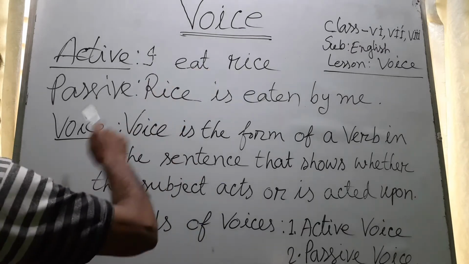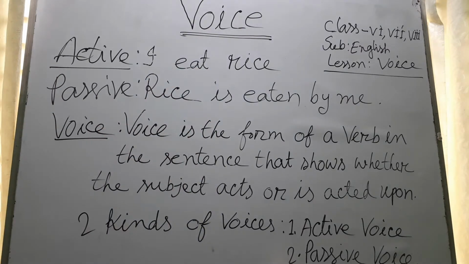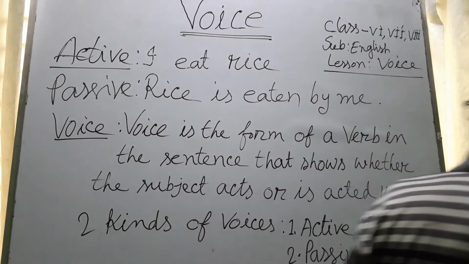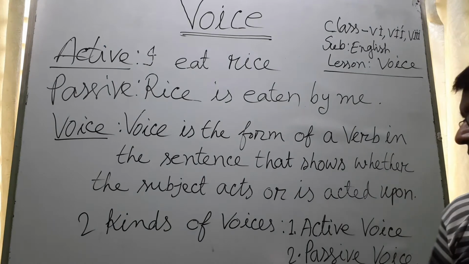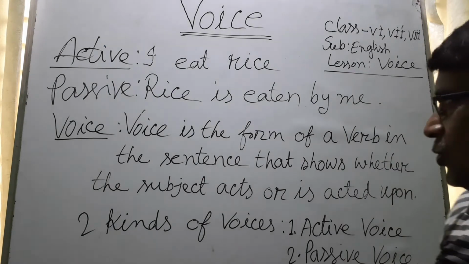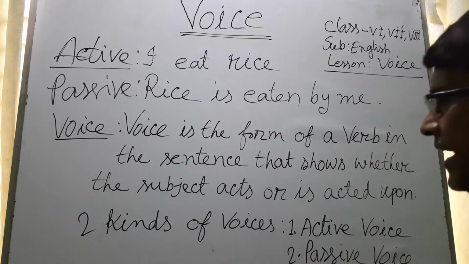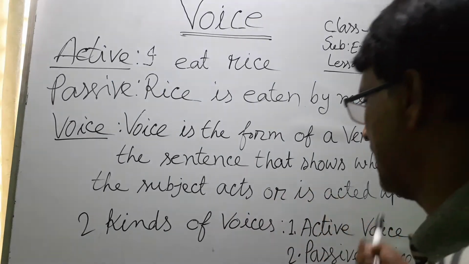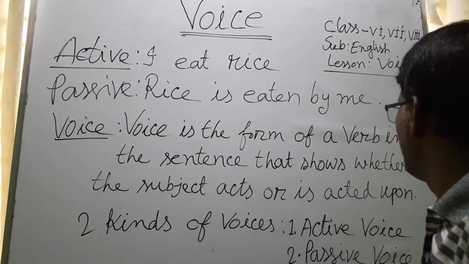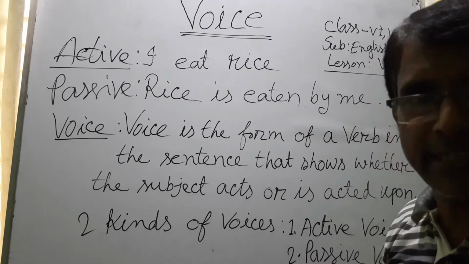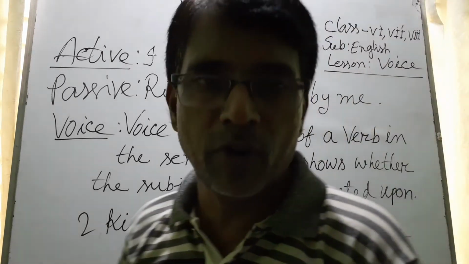This is active mode and this is passive mode. Dear students, you have already learned what is voice and how many kinds of voices there are. There are two kinds of voice, active voice and passive voice.